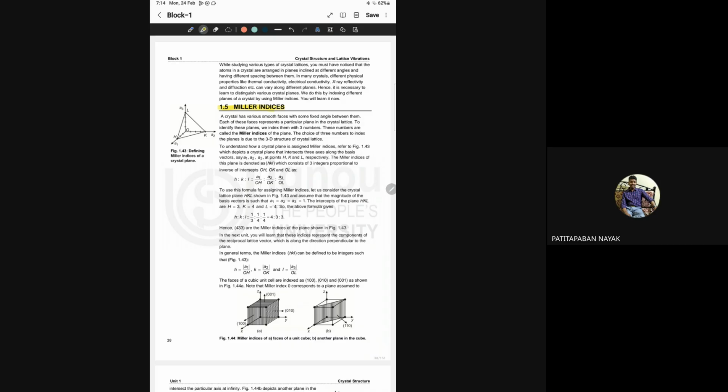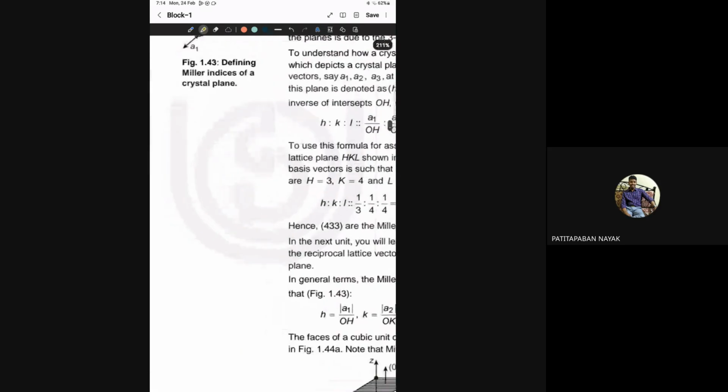So in a crystal structure, what exactly is happening? Atoms are arranged in a regular manner. For example, let me try to draw a very simple one. Let us say I have one point here, another point here, and so on.